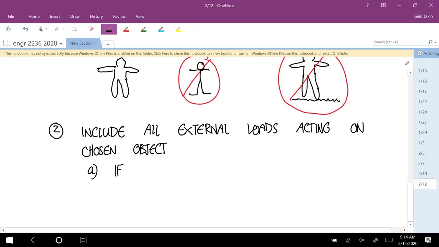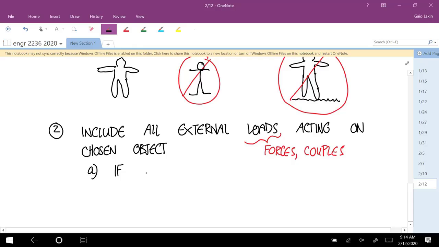And loads, I'm going to think of this as a combination of forces and couples. Couples won't matter yet. We'll get to those when we talk about rigid bodies. When we're talking about particles, the only loads that matter are forces.